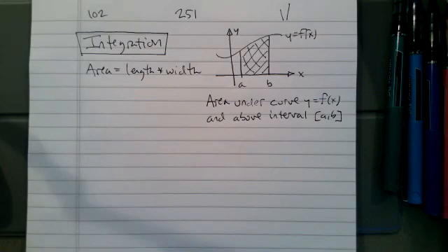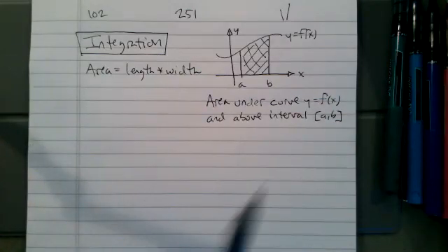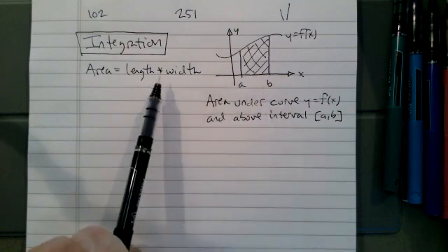Area equals length times width is the same thing when we have distance is equal to rate times time, work is equal to force times distance, force is equal to pressure times area, mass is equal to density times volume. All those things are just extensions of area is equal to length times width. It's just something that we can visualize that involves multiplication.